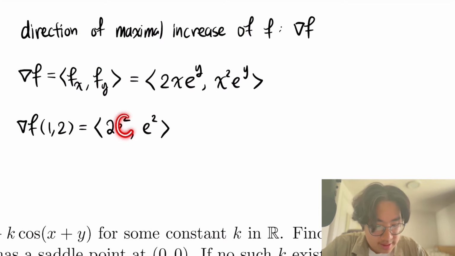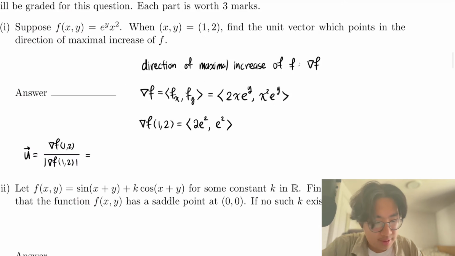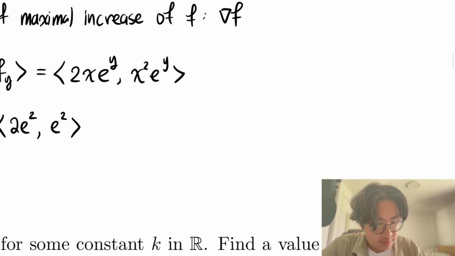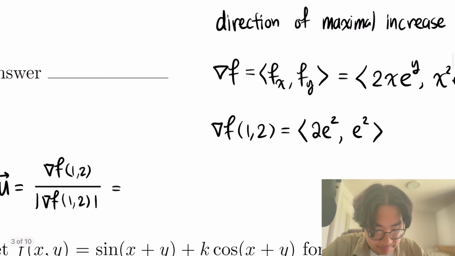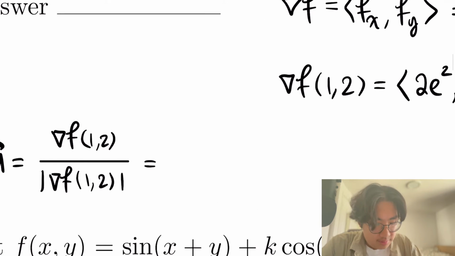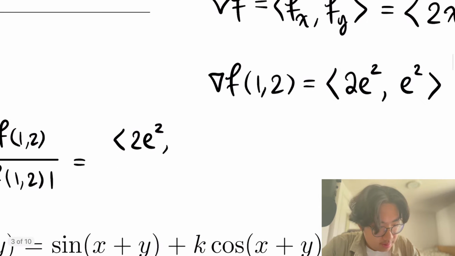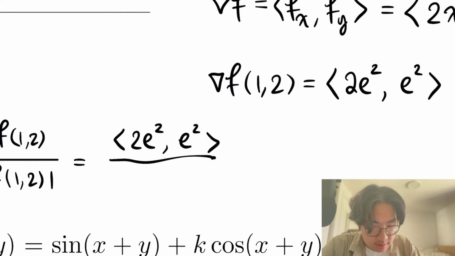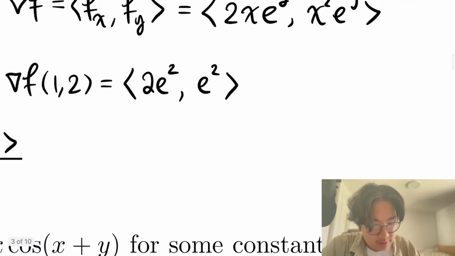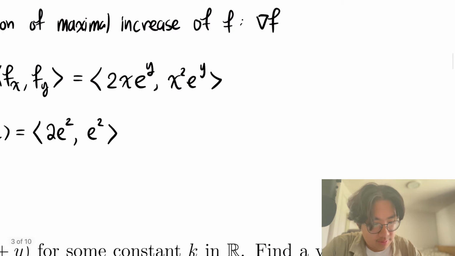You can see e squared is like a constant, you don't really need to include it, but for the sake of showing you the full computation, let's go over it. So we have our vector here, 2e squared, then e squared, and we're going to divide this by the magnitude, which I'll compute on the side really quickly.